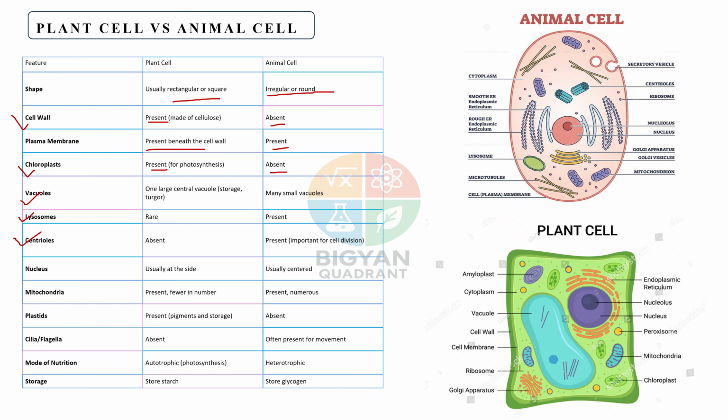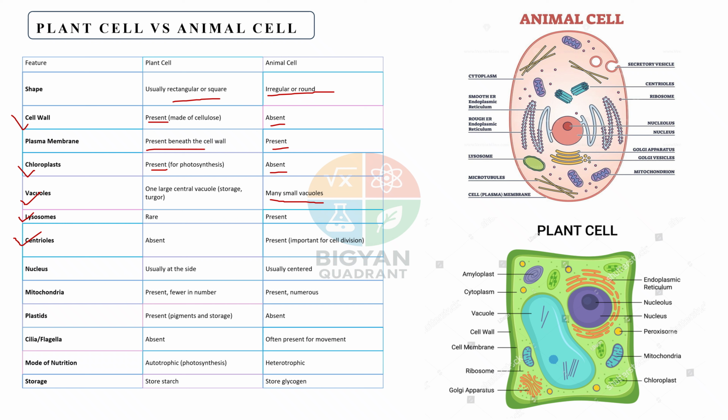Vacuoles. One large central vacuole is present in the plant cell, and there are small vacuoles in the animal cell. Lysosome: in the plant cell, the lysosome is rare, and in the animal cell, it is commonly present. Centrioles are absent in the plant cell, and in the animal cell, they are present and important for cell division. We have already read that the centriole forms the spindle fibers during cell division.